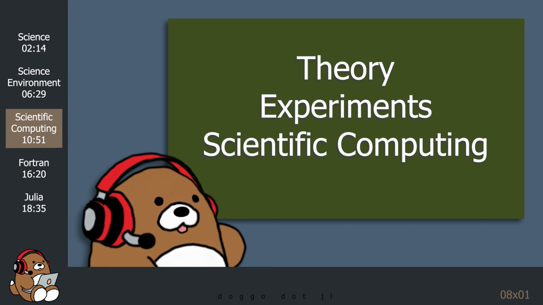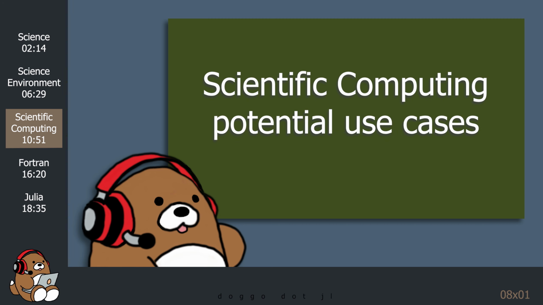But there are several reasons why scientists may find it beneficial to consider the use of scientific computing as part of the discovery process. Perhaps the system in question moves too fast, or too slow. Or perhaps the system in question is too large, or too small. Or perhaps the system in question is too unstable and potentially dangerous.